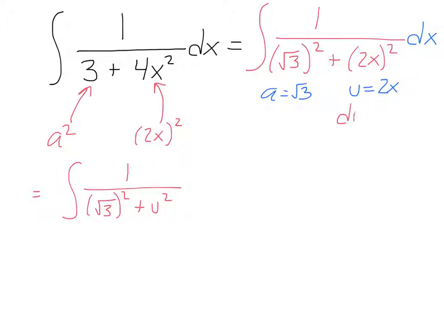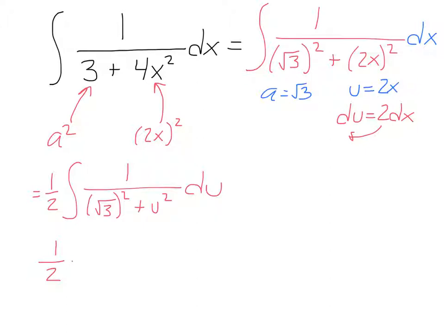So what does dx and du equal? Well, the derivative of u is 2 dx. So to replace the dx, I'll divide that 2 to the other side. So there's this 1 extra 1/2 out front. And now we have a 1/2 in front, and the integral now fits our arctangent rule.